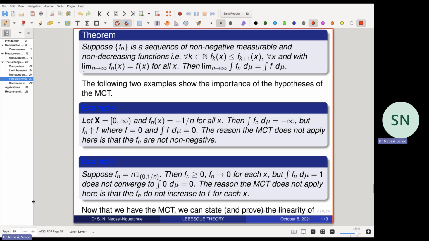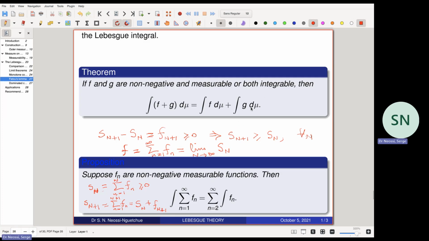So if we claim the result of the monotone convergence theorem, we conclude that the limit when n goes to infinity of the integral of S sub n will be equal to, I can take the limit inside, the integral of the limit of S sub capital N when n goes to infinity.